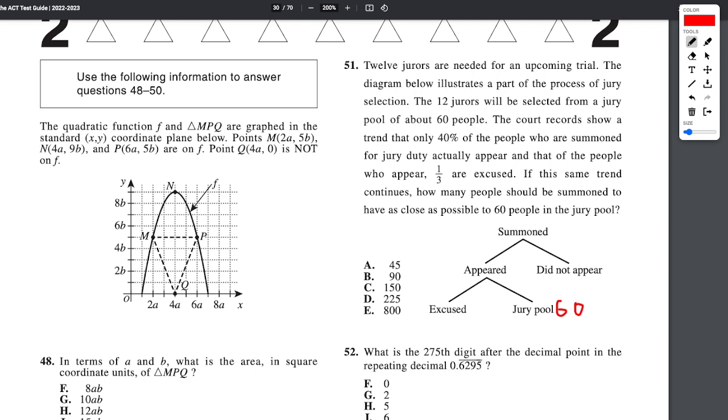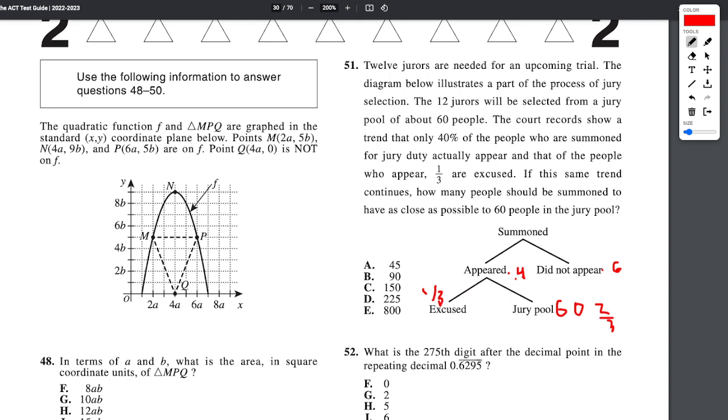Then it says that 40% of people who are summoned, only those appear. So appear is 0.4, don't appear is 0.6, and then 1/3 are excused. So that means 2/3 go to the jury pool. So this is 2/3 of the appeared.